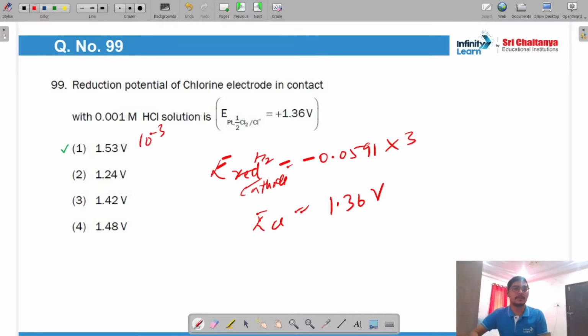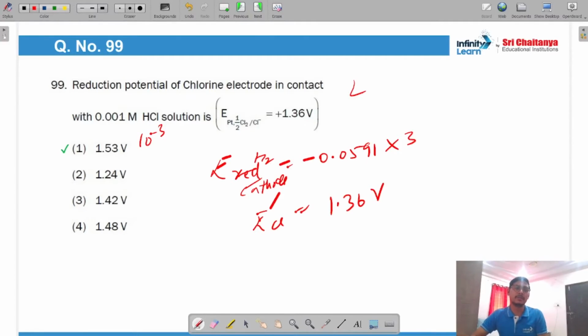Now you should always remember that whenever we connect two half cells to form a galvanic cell, the half cell which has higher reduction potential acts as cathode, because oxidizing strength is proportional to reduction potential, that is it undergoes reduction, and the half cell which has lower reduction potential acts as anode and oxidation occurs.